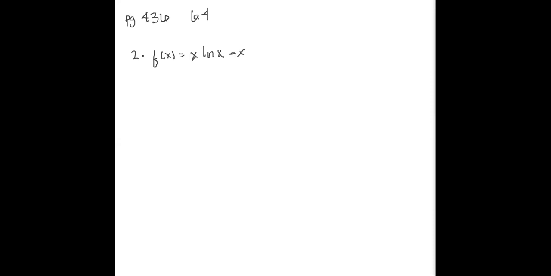I mean, we could implicitly differentiate. We could say that this is going to be equal to y. And the principle here is that if I implicitly differentiate, then I'm going to end up with the derivative with respect to x of x ln x minus x is equal to dy dx. A lot of the time when we were thinking about implicit differentiation in section 2.6, we were looking at functions where we had like 9 is equal to x squared plus y squared.